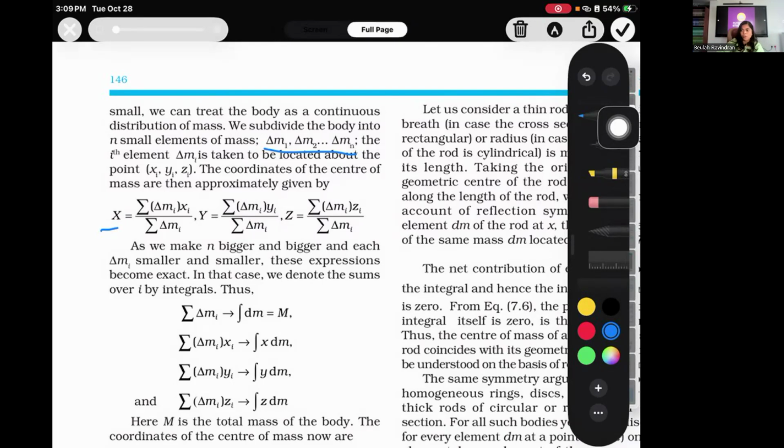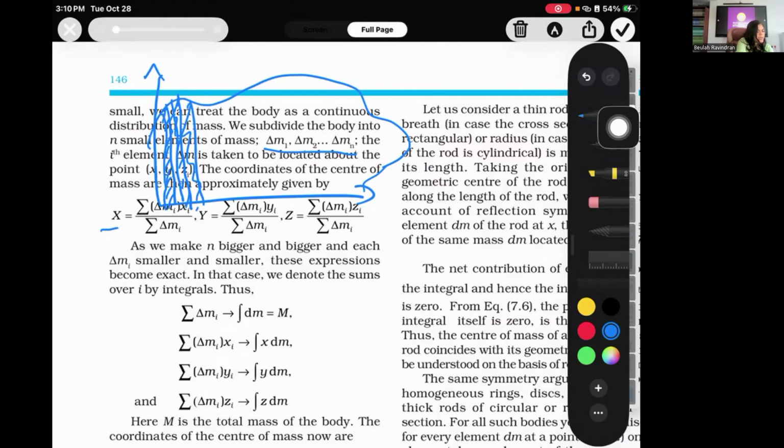For a continuous system, suppose you want to find the mass of a cloud, that is also possible. You can break the cloud, or differentiate the cloud, into small elements.